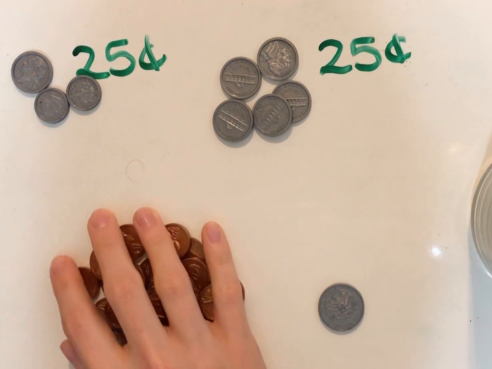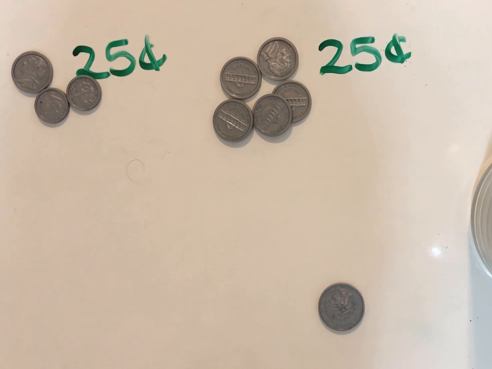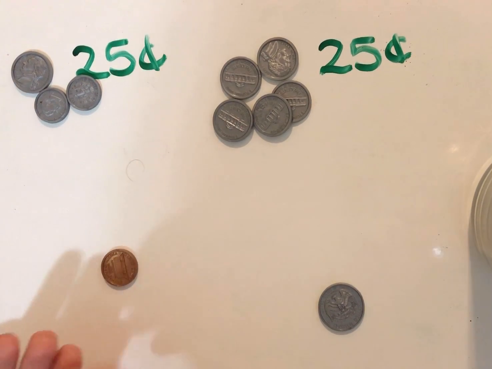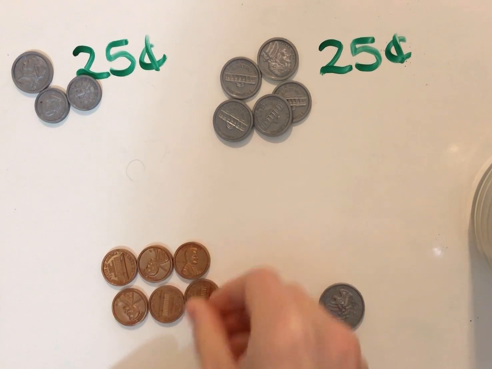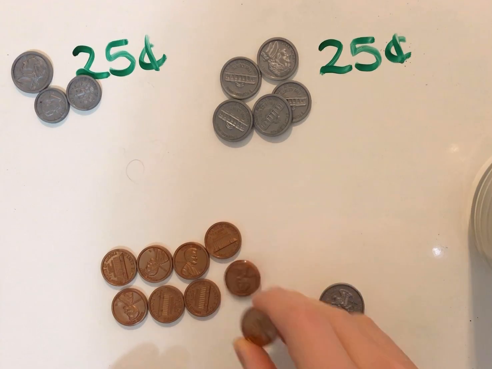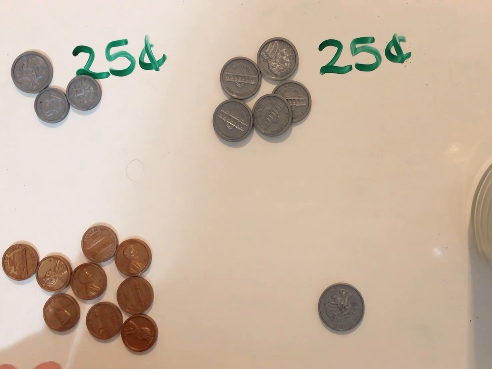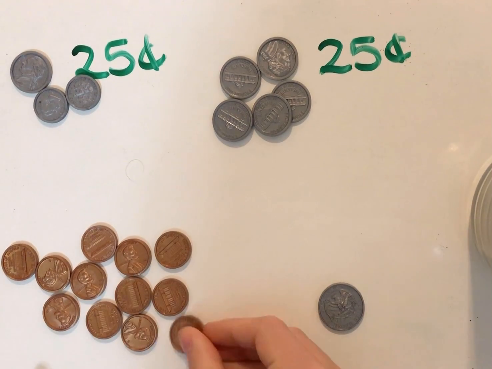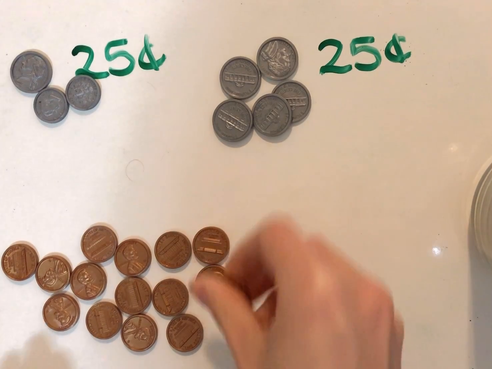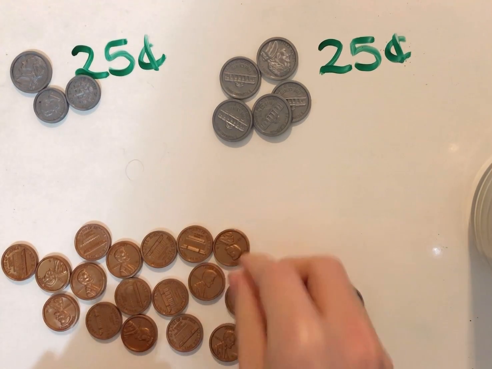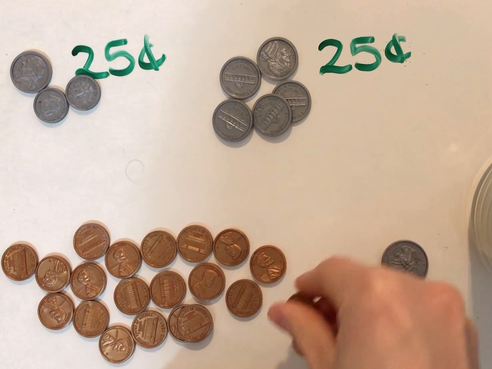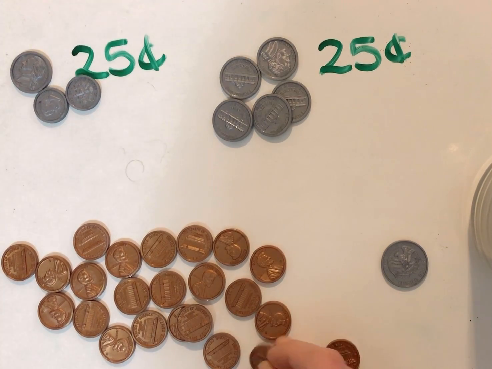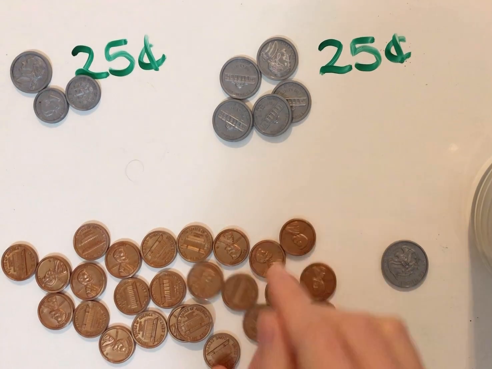There's a lot here. So pennies, remember we count by ones. So we're just going to count each one. So 1, 2, 3, 4, 5, 6, 7, 8, 9, 10, 11, 12, 13, 14, 15, 16, 17, 18, 19, 20, 21, 22, 23, 24, 25.